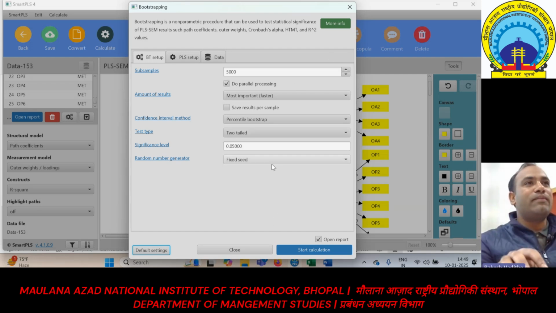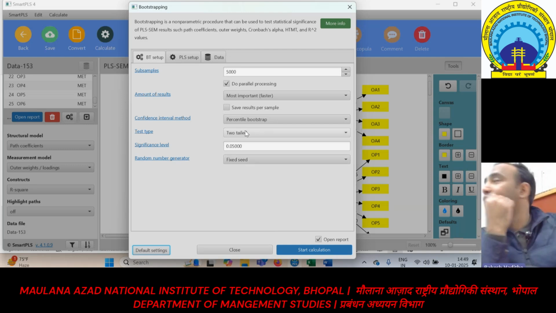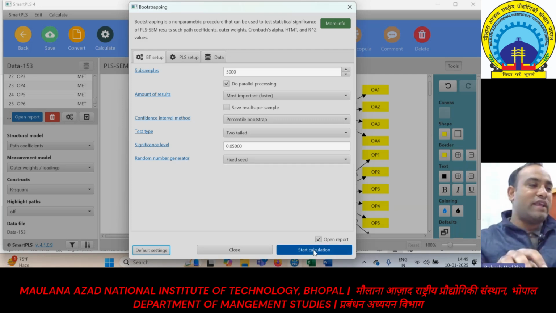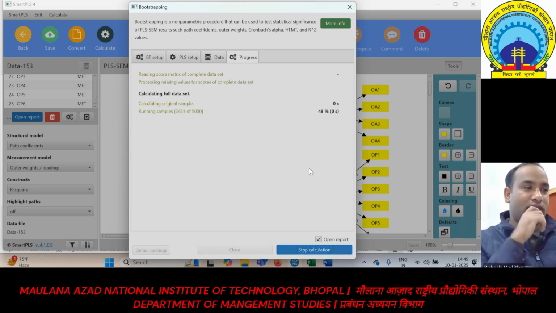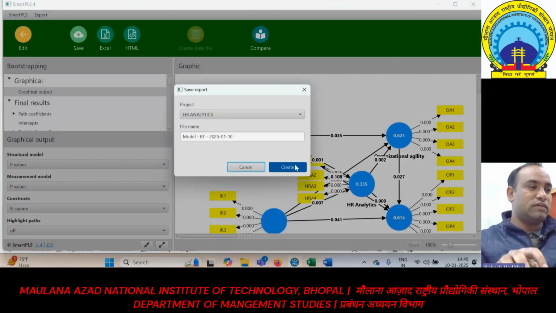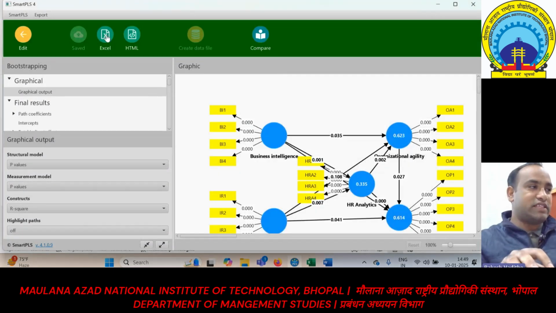Up to this stage we came to bootstrapping. Keep the subsamples at 5,000 and the significance level below 0.05. Start calculating. Here again save that report and extract it to Excel.